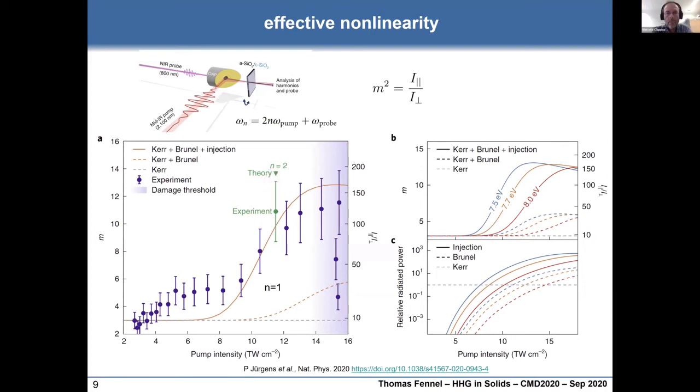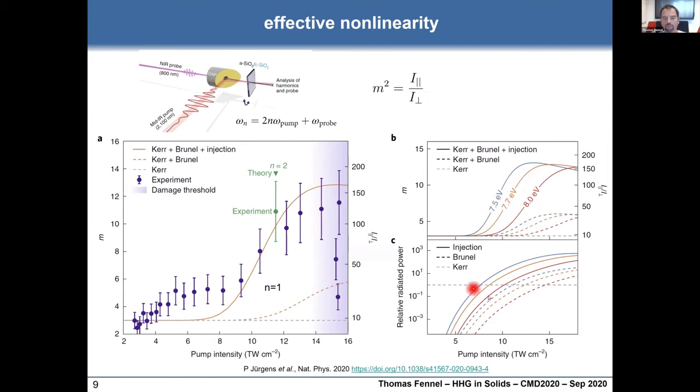So you could now ask, maybe this is just a feature that is very sensitive to the details of the ionization rate, but in fact you can play a lot with the ionization rate, for example, change the band gap or effective IP quite a bit, and only the step position shifts, but the dominance of the injection contribution does not change.